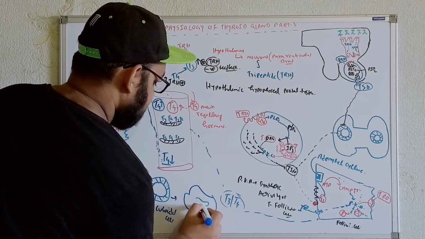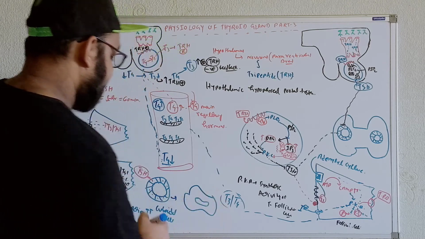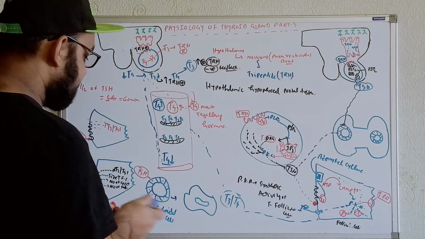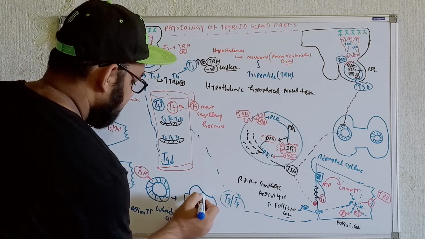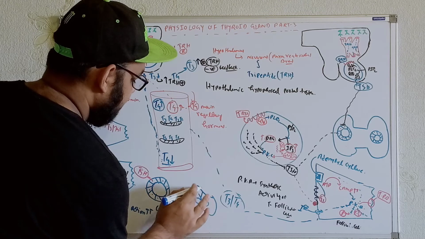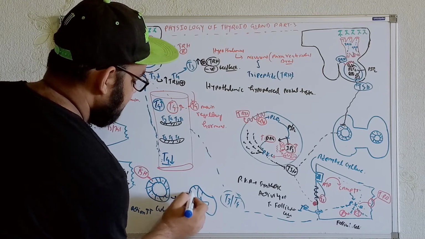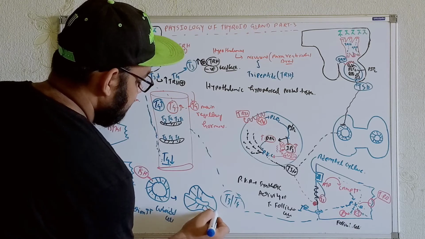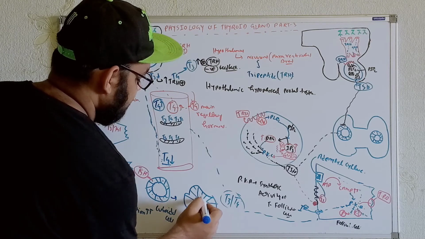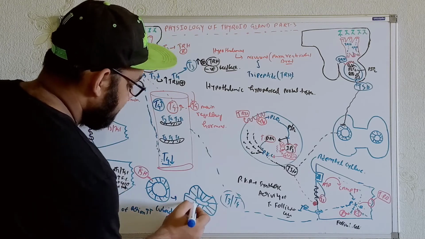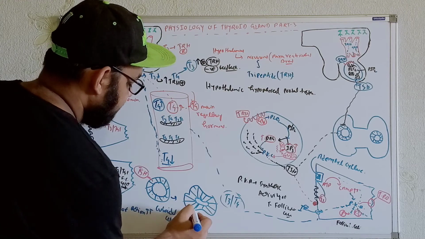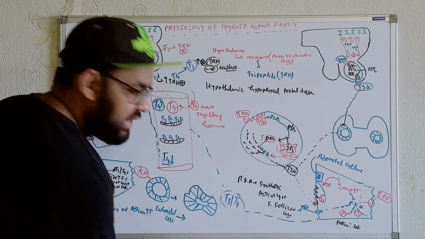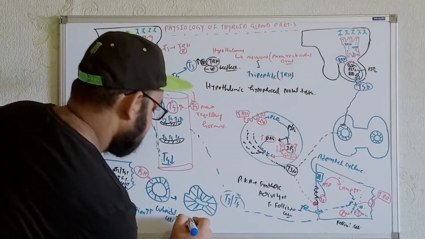In these cases, the shape of the thyroid gland will be changed, the shape of the follicle will also be changed, and the cuboidal cells will be converted into columnar cells. Now see in these cases what we got over here: the cuboidal cells getting converted into what? Columnar cells, right?